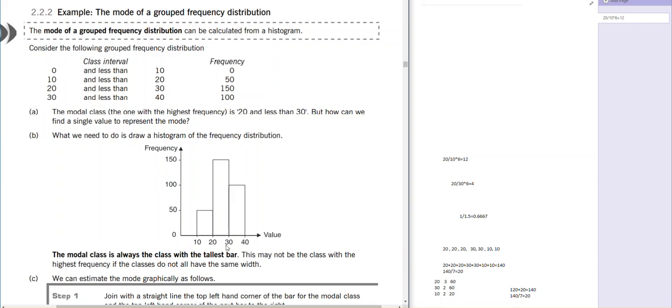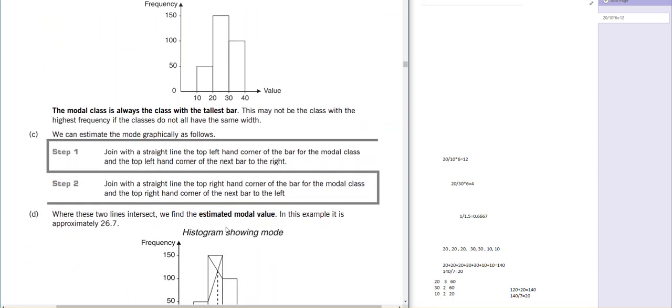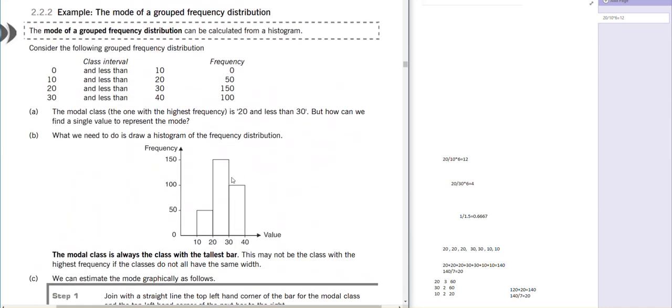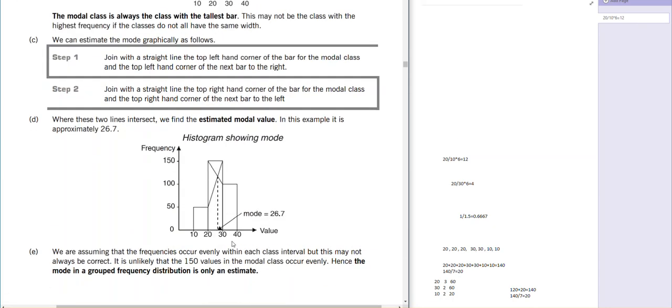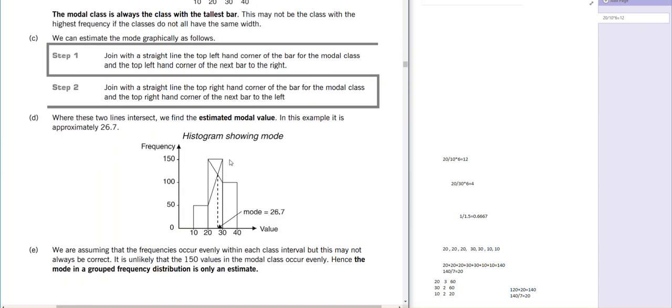So the one that is the highest is the one that most frequently happens. So it will be the mode, which is between 20 and 30 here. If you want to find the exact value, then you find the midpoint. You take one corner, you meet it here, you take another corner, and you go to the bottom, you have the middle.